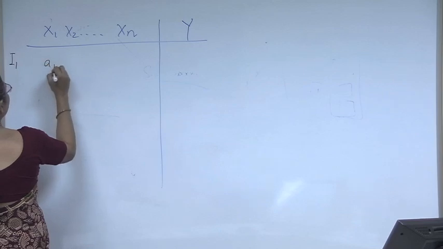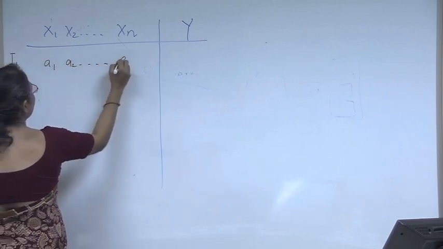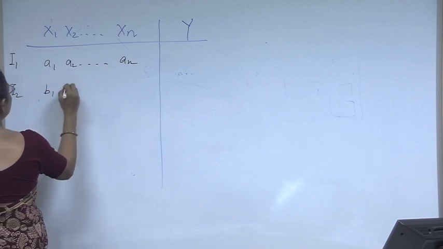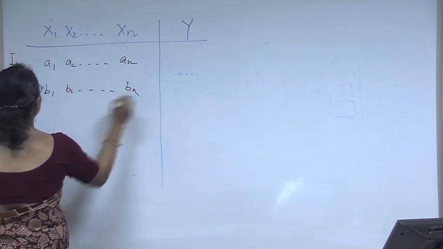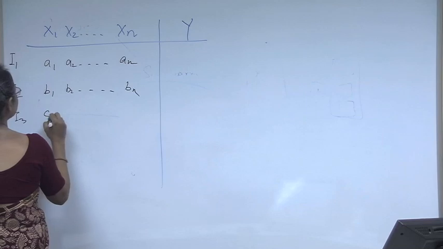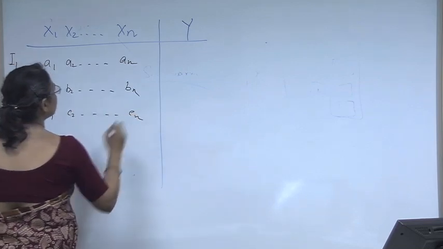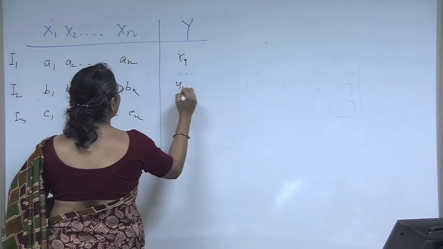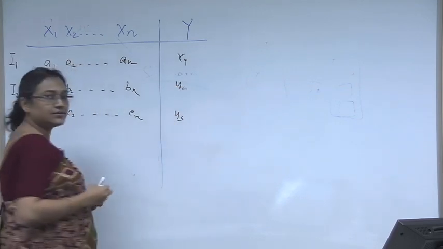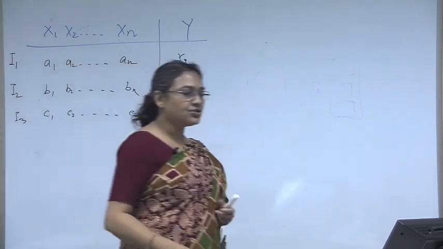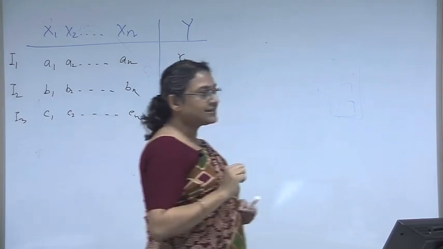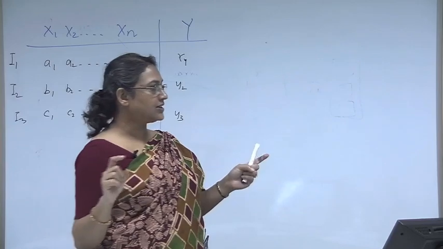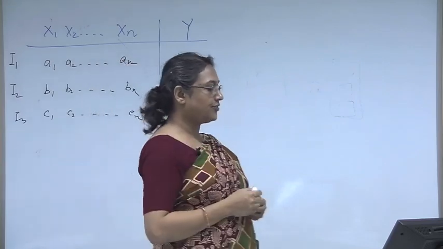So, suppose this is instance 1, you may have a1, a2, an, and you have instance 2 which is b1, b2, bn, instance 3 which is c1, c2, cn, and correspondingly you have the y values y1, y2, y3, etc. So, your instances are described in terms of features. There are input features and there is the output attribute.